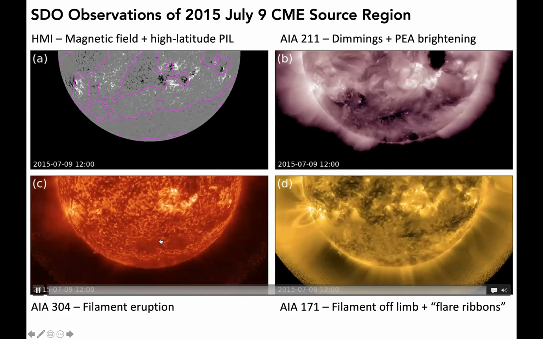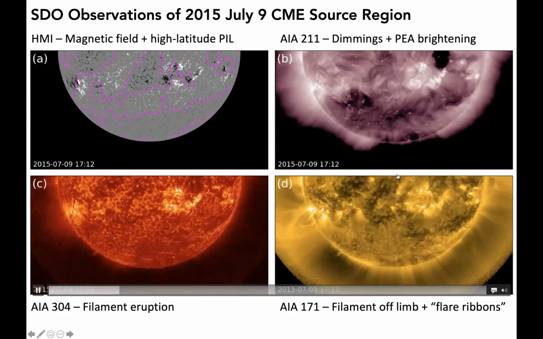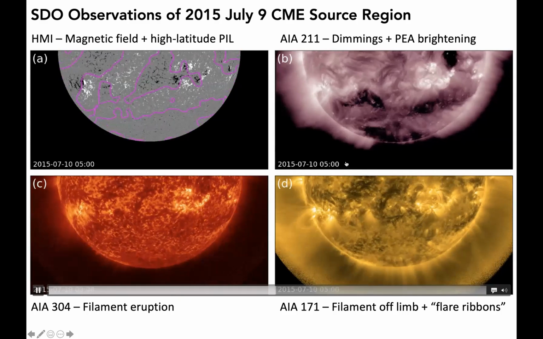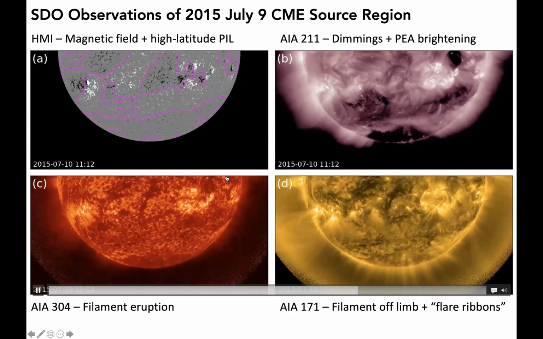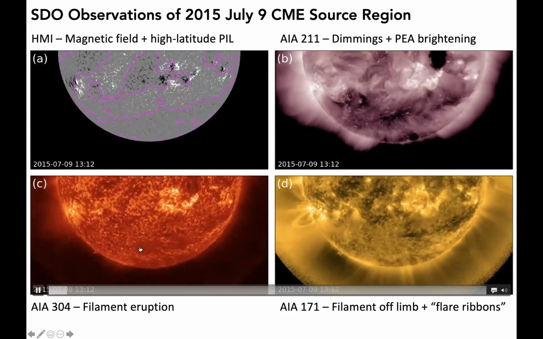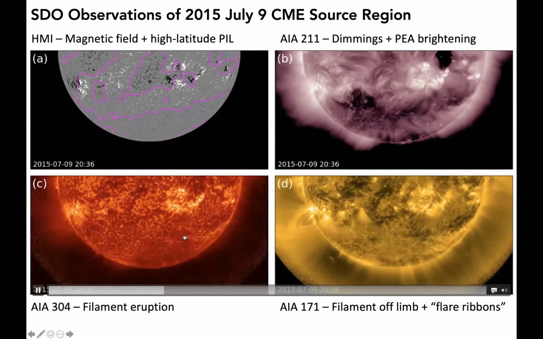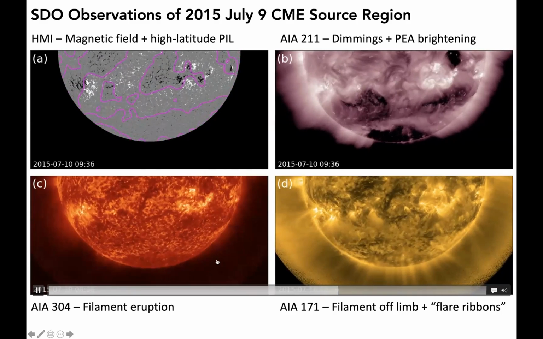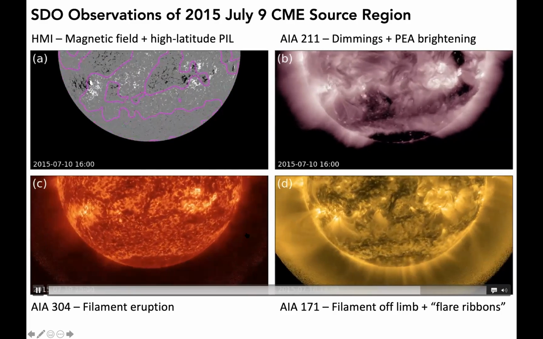And when we play this movie, you can see a number of features happening in the different wavelengths. So there was the eruption. And if we go through each of these things, you see the prominence material lifting off, and then you see it off limb and these threads and filamentary materials twisting around each other.